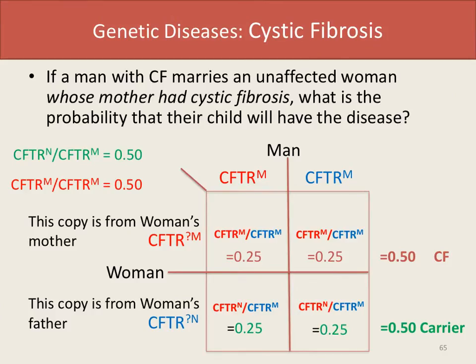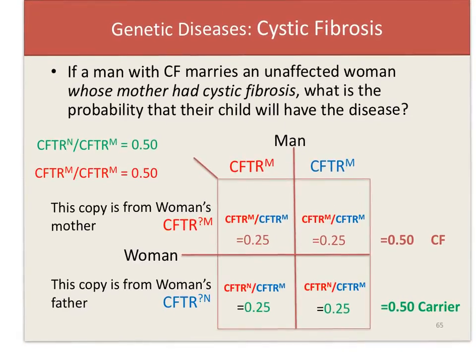Okay, so now, if a man with CF marries an unaffected woman whose mother had cystic fibrosis, in other words, her mother had 2 copies of the bad allele, what is the probability that the child will have the disease?